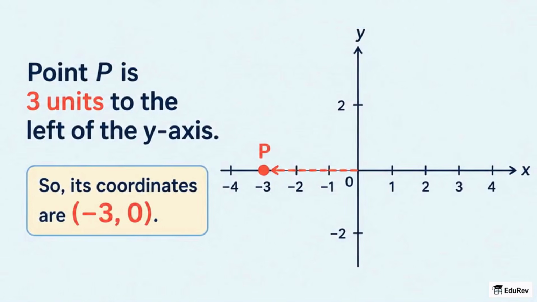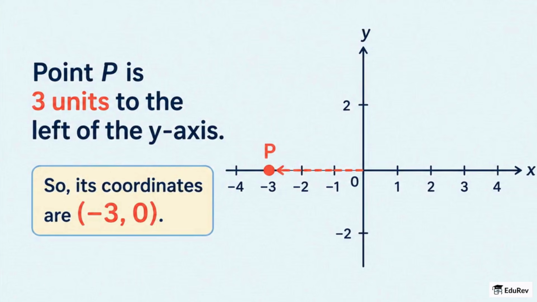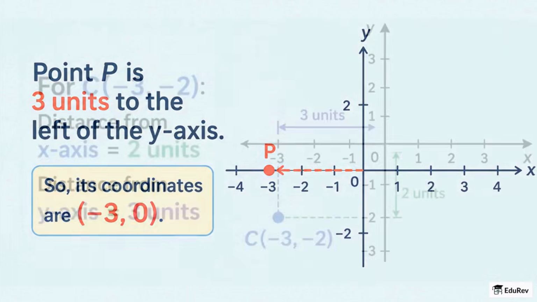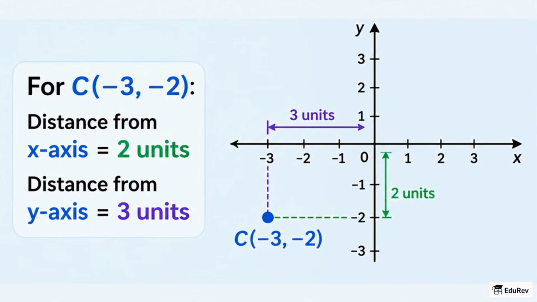For example, if point P is 3 units to the left of the y-axis, its coordinates are (-3, 0). If C is (-3, -2), its distance from the x-axis is 2 units and from the y-axis is 3 units.